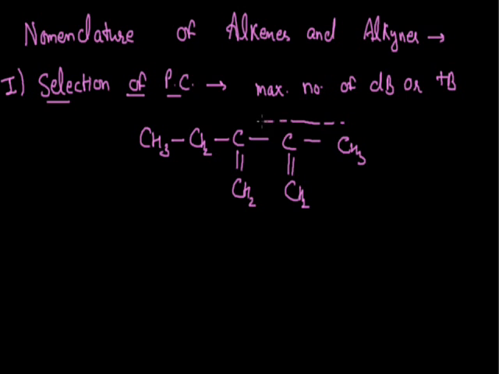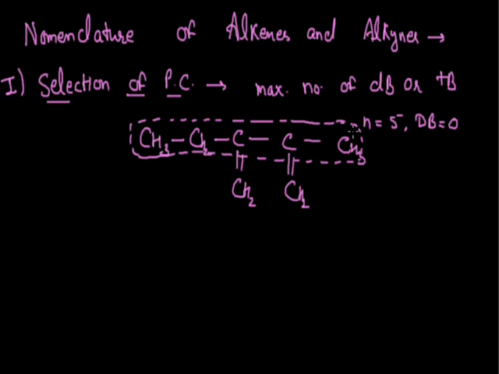If we move in the left direction, we will have the straight chain which contains the maximum number of carbon atoms, and the number of carbon atoms in this straight chain is 5. But this straight chain contains no double bond, so the number of double bonds is 0.